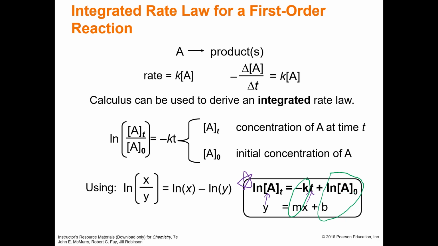So this form is much more useful to us than this form that puts things in a format where we can't really graph them. So this form down here is the form that we will primarily be using.